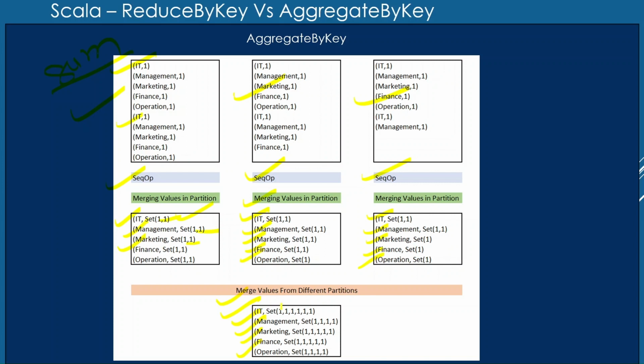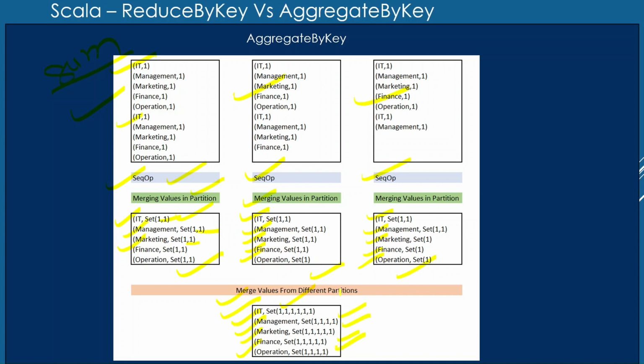This IT and all these values are coming from this partition and this partition. So these are the resultant partitions which have been generated with the help of the sequence operation and merging the values of the partition. We can see for each key the values are organized like this.